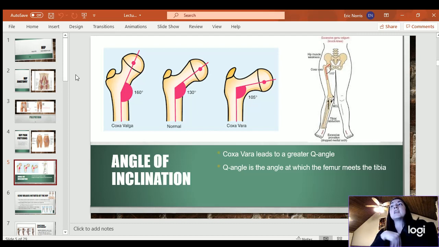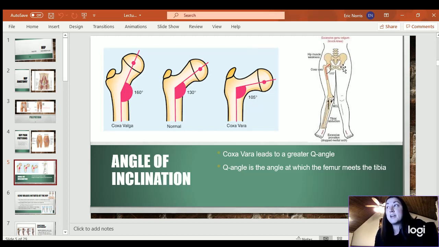And if it is a smaller angle, which would make a more significant, more obvious bend in the area, so a more drastic turn from the proximal femur going towards the head of the femur, that's called coxa vara.